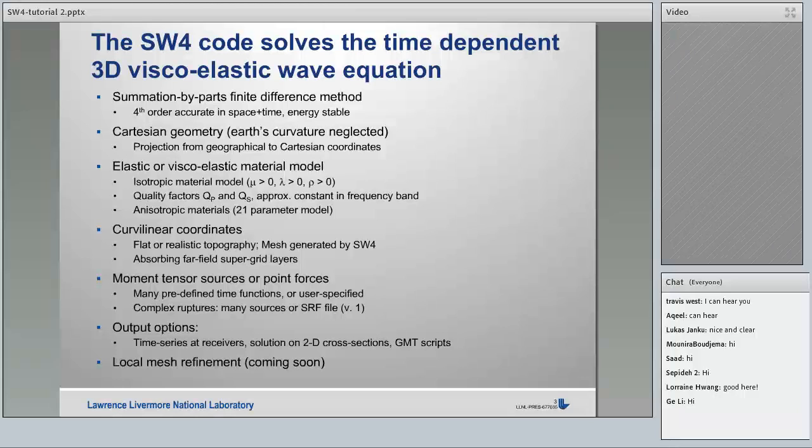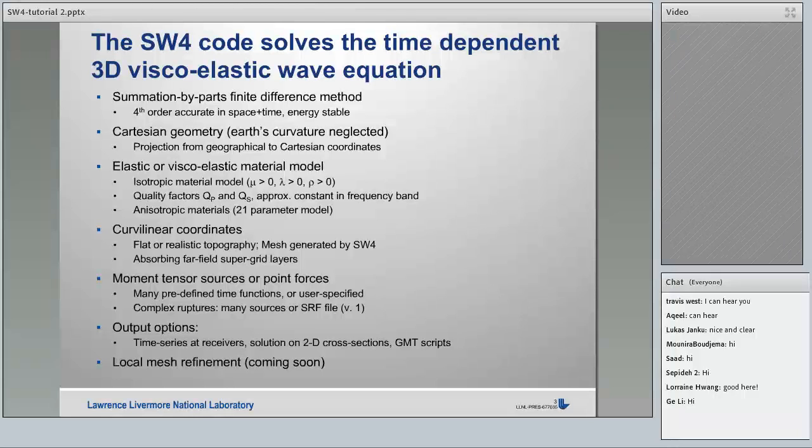We can deal with elastic or visco-elastic material models. The basic model is an isotropic elastic material, and we assume that the shear modulus is greater than 0 everywhere, and also that the first Lamé parameter is greater than 0, and of course the density has to be positive.